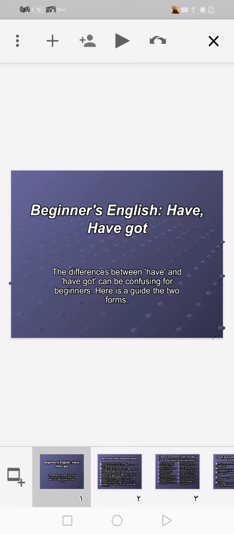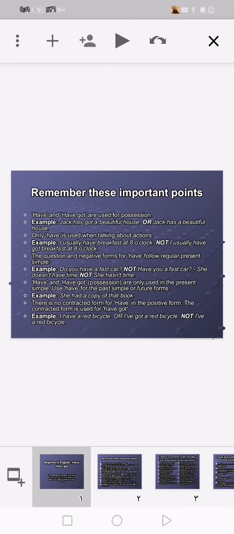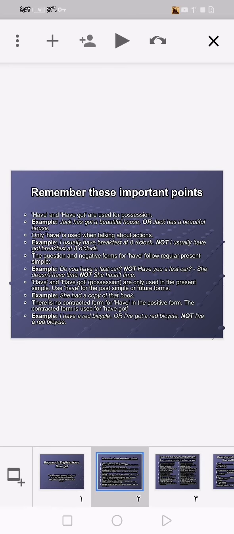يعني أنت لما تستعمل have هي نفس لما تقول have got. يعني for example إذا قلت I have a car وإذا قلت I have got a car هاي نفس meaning. Two sentences have the same meaning. طبعا بيها احتماليات وبيها استعمالات. Remember this important point. تركز بالبداية على هاي البوينتس.